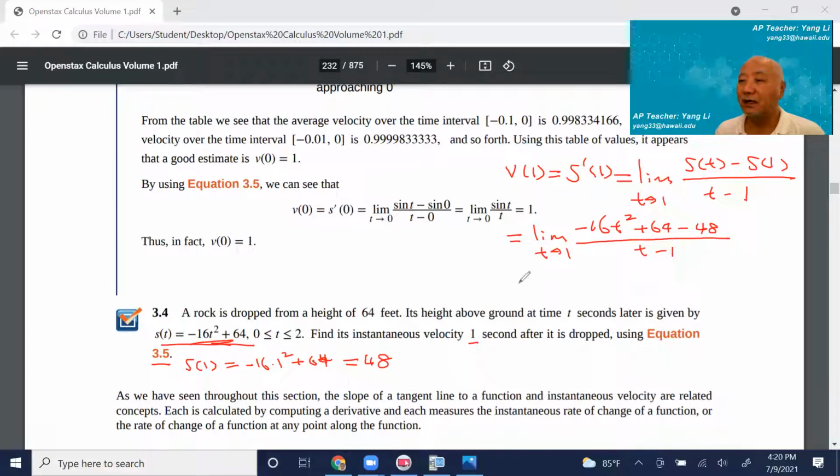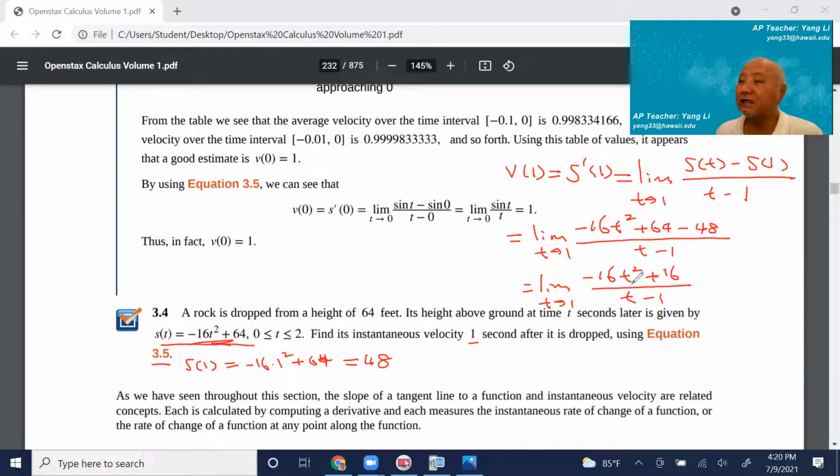So we continue: the limit as t approaches 1 of negative 16t squared plus 16, divided by t minus 1.